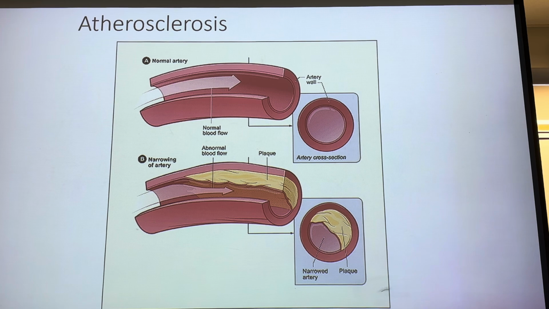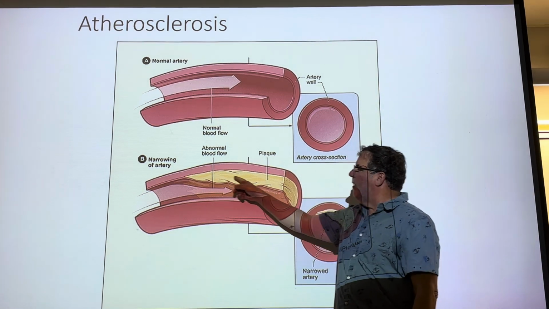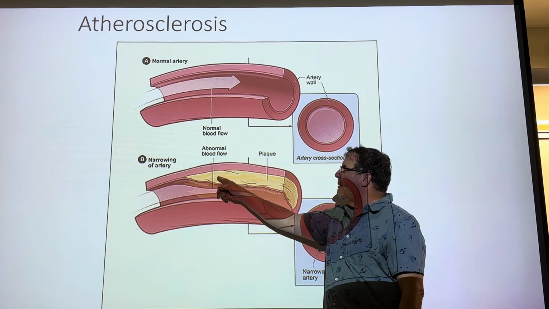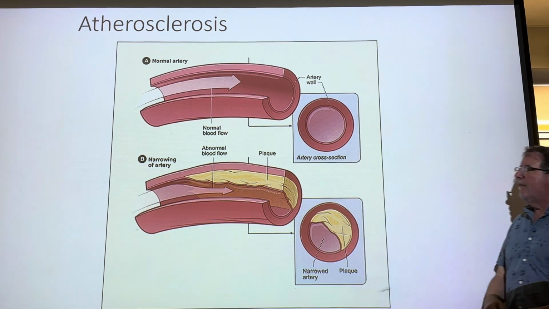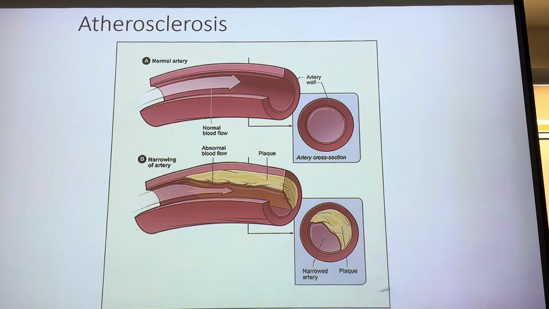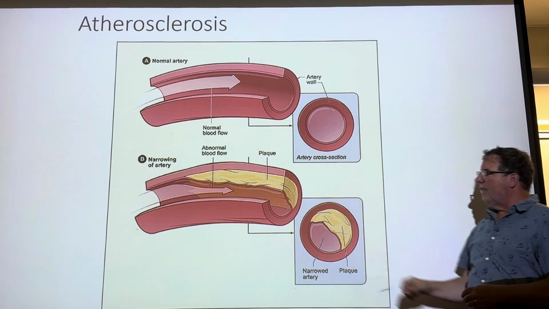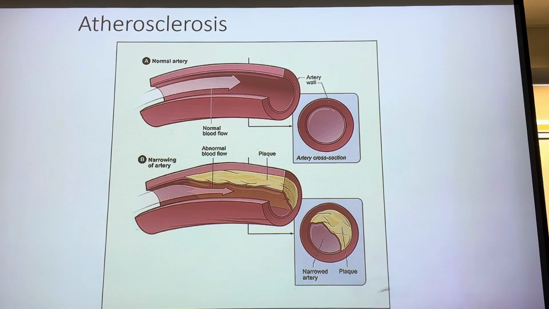So again, it helps in thinking about cause to think about a mechanistic effect. This is a question you were getting at. What is cardiovascular disease? It's the buildup of atherosclerotic plaques on the inside of the arteries feeding the heart, and you basically end up blocking the flow of blood to the heart.